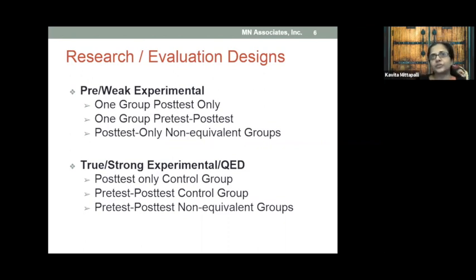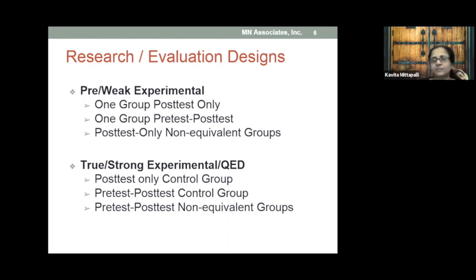So what we generally do is a quasi-experimental design, where the comparison group is not randomly chosen, but intentionally chosen so that we are comparing apples to apples or oranges to oranges. That's fairly common in education, from where I come from.